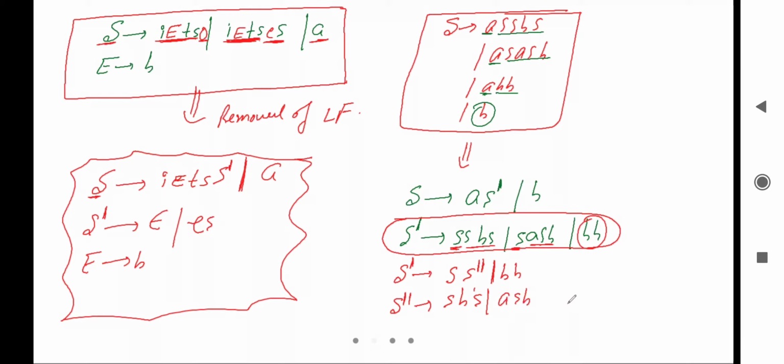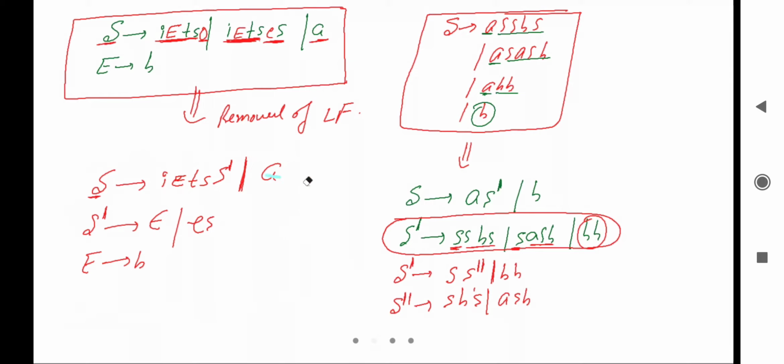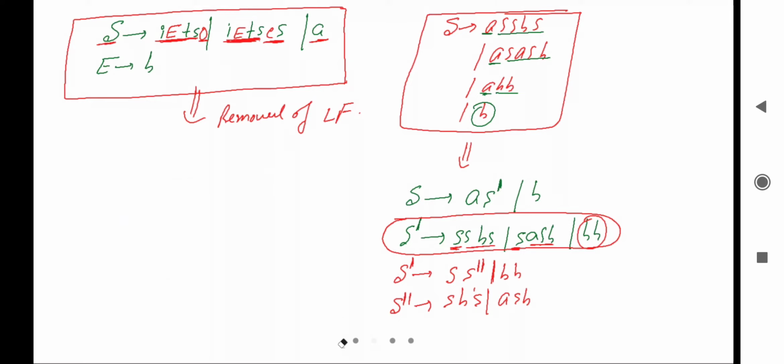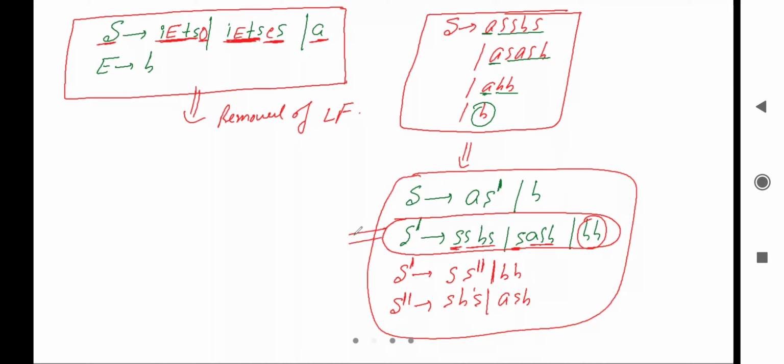Finally, what is the grammar? Final grammar is this one. It is S goes to a S dash b.